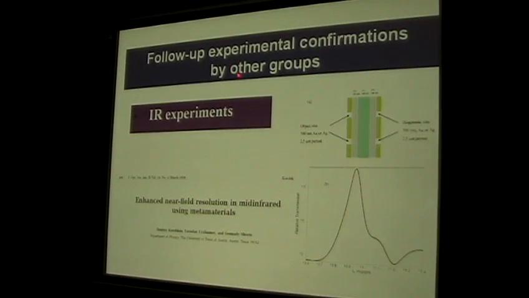After our work, there were quite a few follow-up experimental confirmations. We did our confirmation in the microwave frequency, and immediately there was a group from the US. They did an IR experiment and found near-field enhanced transmission by this mechanism.